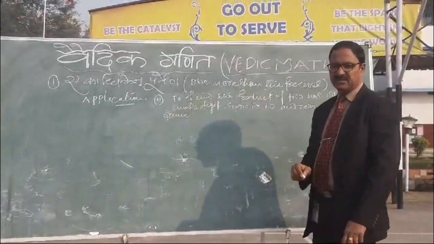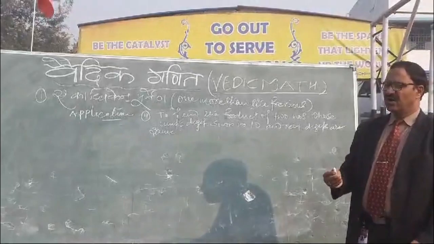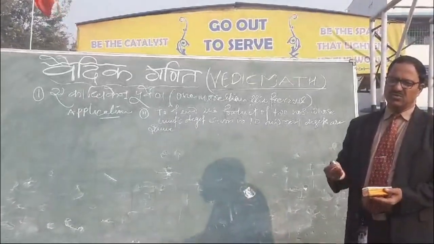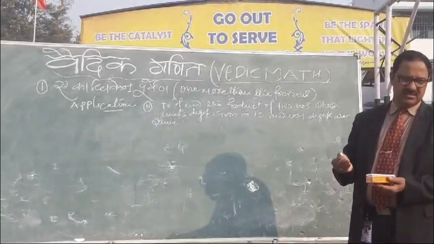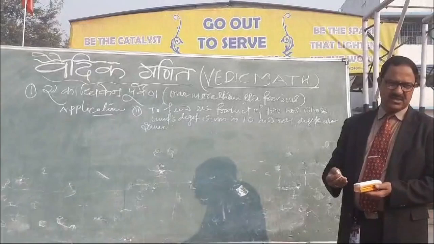Very simple thing. You have to just notice it, how to find the product of two numbers whose sum of unit digits is 10 and rest digits are same.